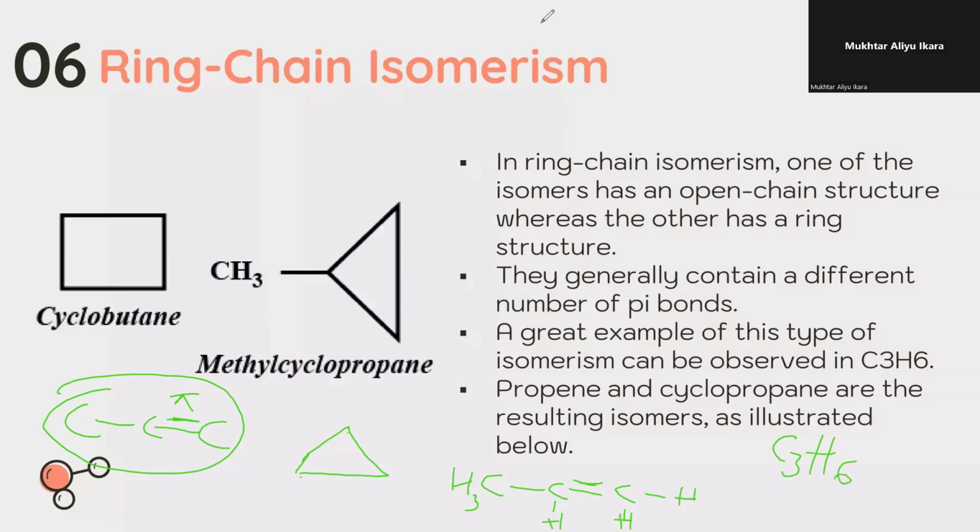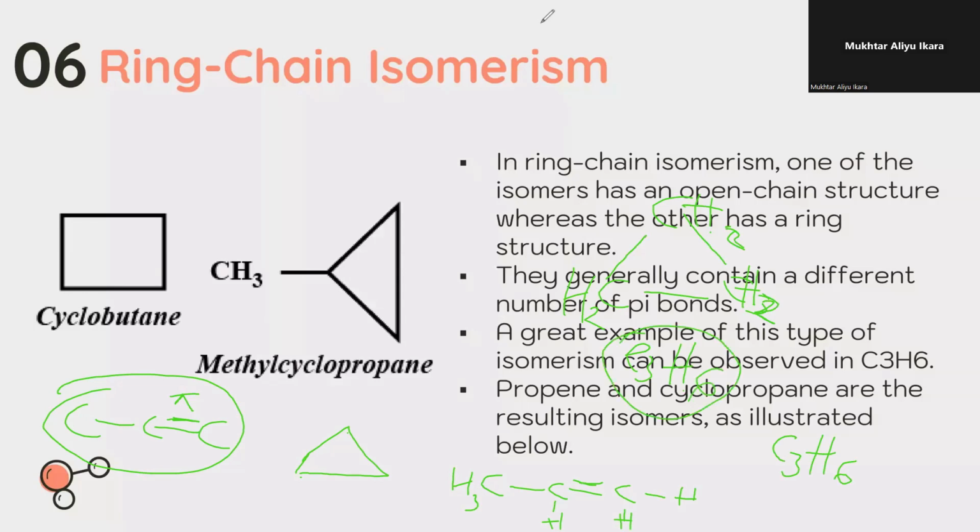And then let's go back to cyclopropane. In cyclopropane, we have one carbon here, one carbon here, one carbon here, and then bonded to them 2 hydrogens here, 2 hydrogens here, and 2 hydrogens here. So we have 3 carbons and 6 hydrogens.